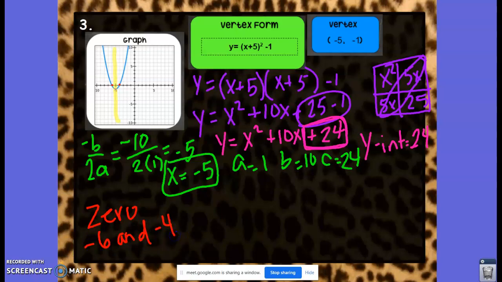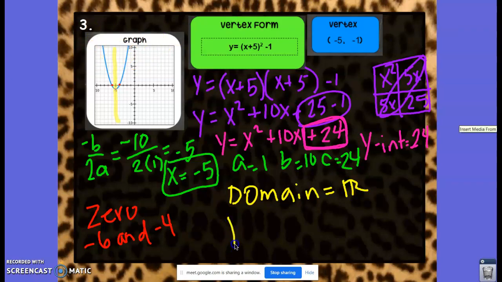Okay, so we have our vertex form, standard form, our vertex, our axis of symmetry, our y-intercept, and our zeros. So all that's left, I believe, is the domain, which for all quadratics is going to be all real numbers or negative infinity to positive infinity, because our graph can always keep going.